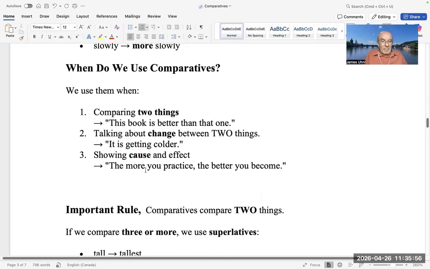That would be the more you practice, the better you become. So over here, we compare more practice and better you become. So this is when we use comparatives.